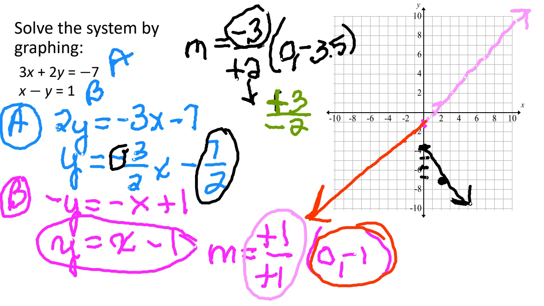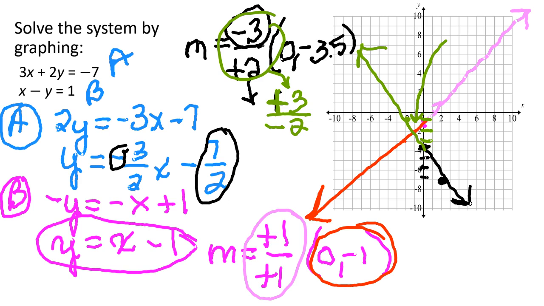I have to do the opposite, which means I'm going 1, 2, 3, and then I go left 2, which is right about there. Okay. Now, notice what happens. Now, this one is my intersection.